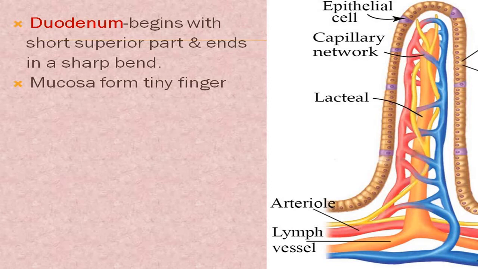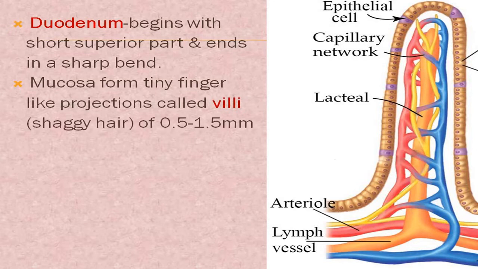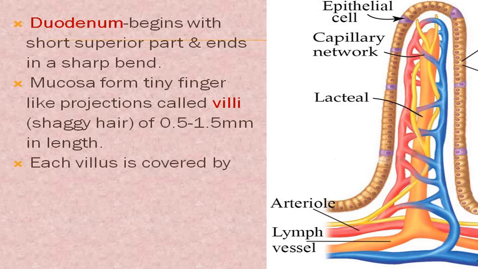Mucosa in the duodenum form tiny finger-like projections, which are called villi. Villi means shaggy hair, and villi are of 0.5 to 1.5 millimeter. Villus is singular, and each villus is covered by simple columnar epithelium.